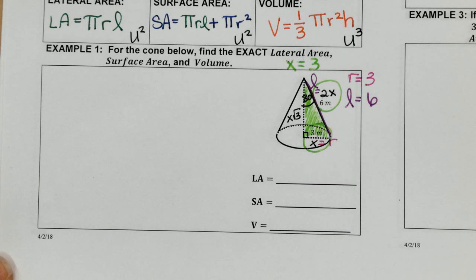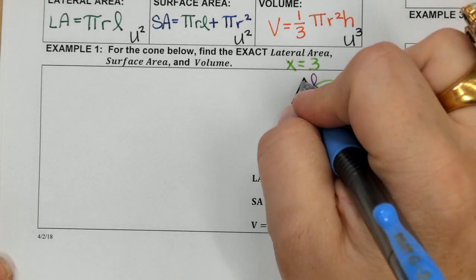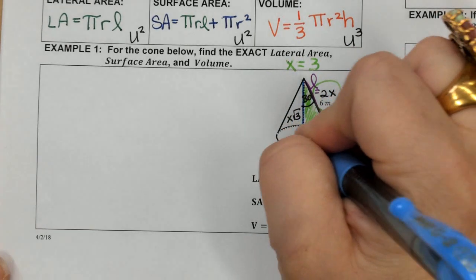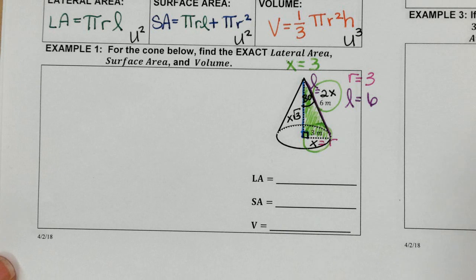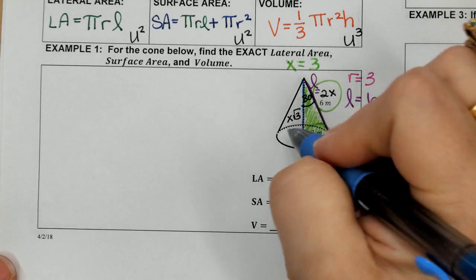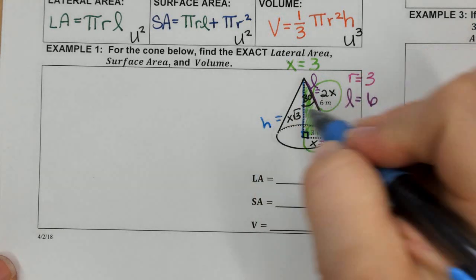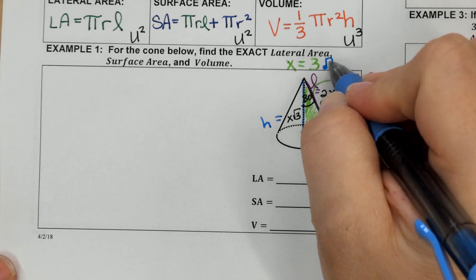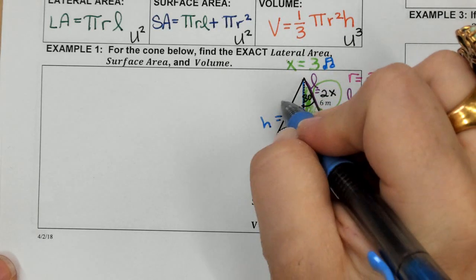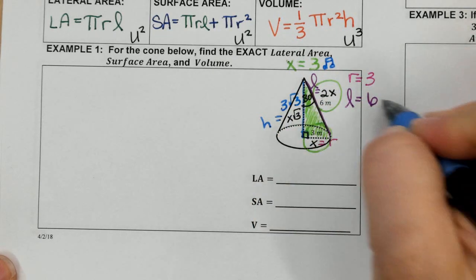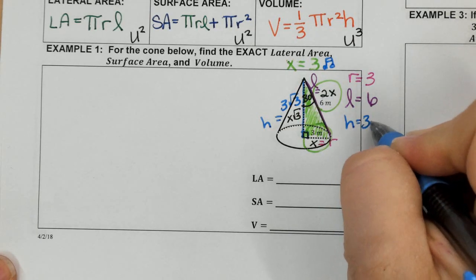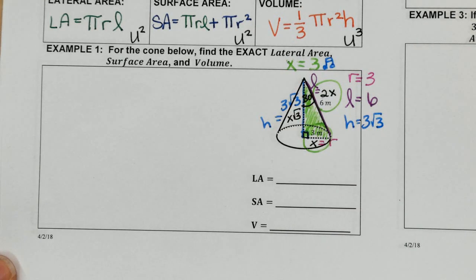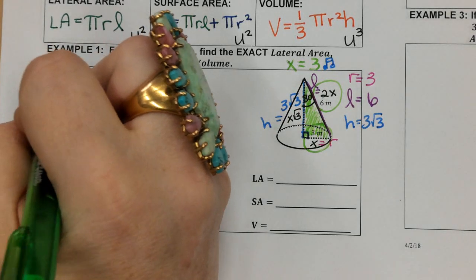And then the internal height, how tall it is straight down perpendicular, that is our x square root of 3. And we found out that x was 3, so our height is 3 square root of 3. And now we have everything that we need for LA, SA, and V.